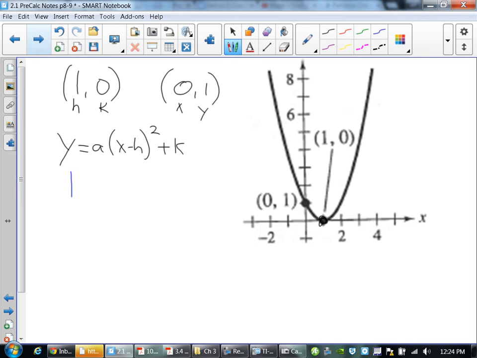So 1 is a times 0 minus 1, quantity squared, plus 0. What's 0 minus 1? What's -1 squared? 1. What's a? 1.